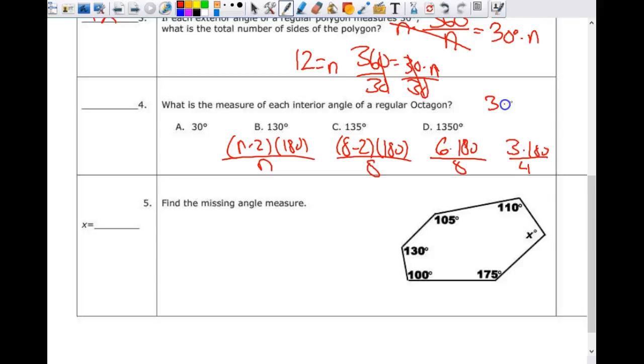So that's 3 times 90 divided by 2. So 3 times 90 is 270 divided by 2, 135.